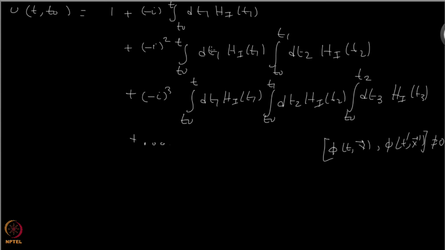So t2 always remains below t1. So Hi of t2 and Hi of t1 are always at different time arguments. They do not commute in general, and similarly here, and that is why we have to be careful with the order in which we have written things. So good, then what?